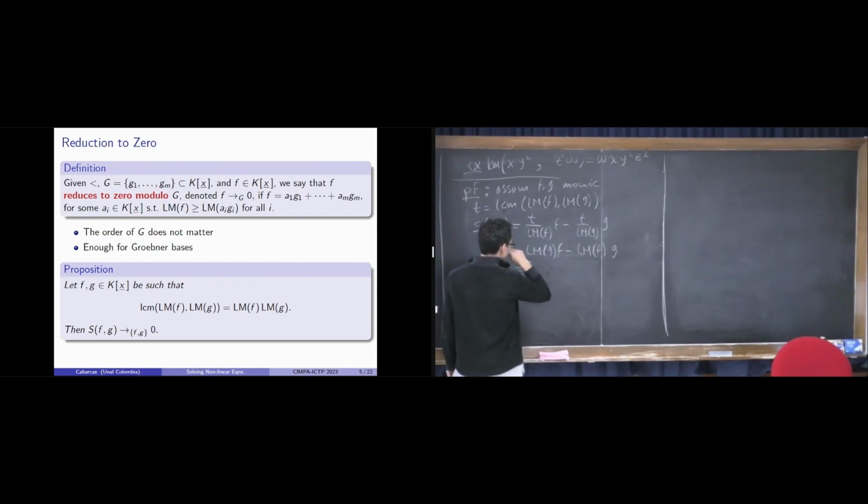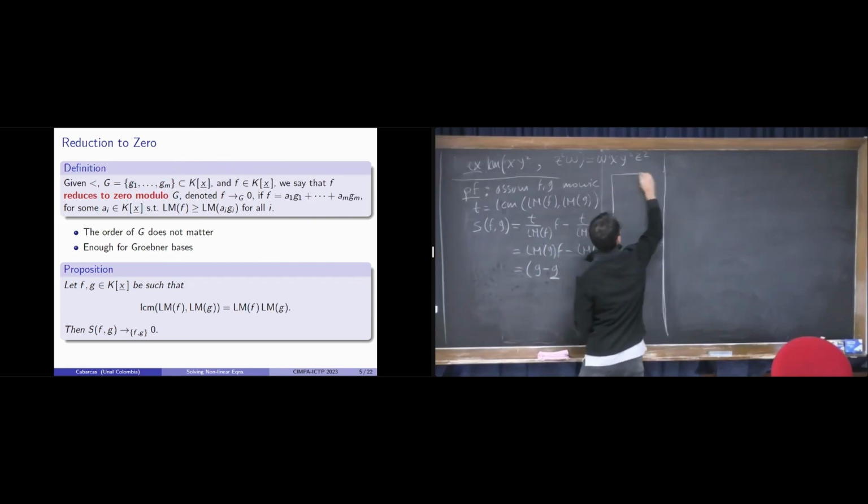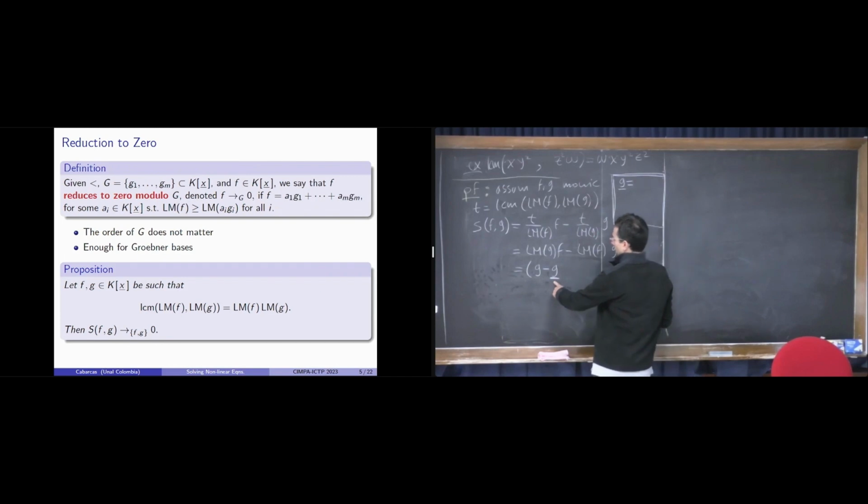This leading monomial, let's write it as g minus the smallest part of g. Let's call it g underbar. What I mean here is that g underbar is just g minus its leading monomial.